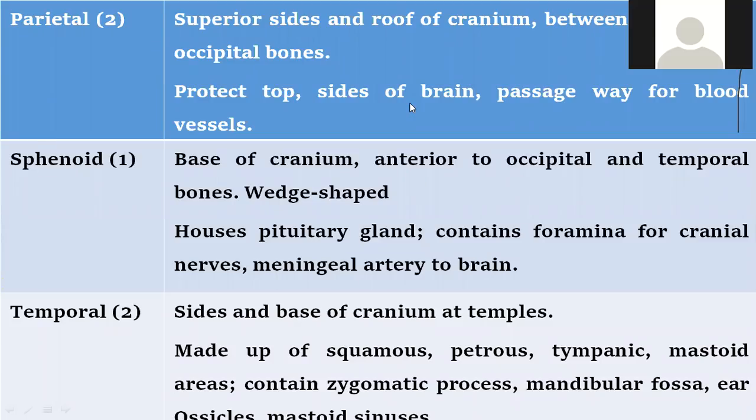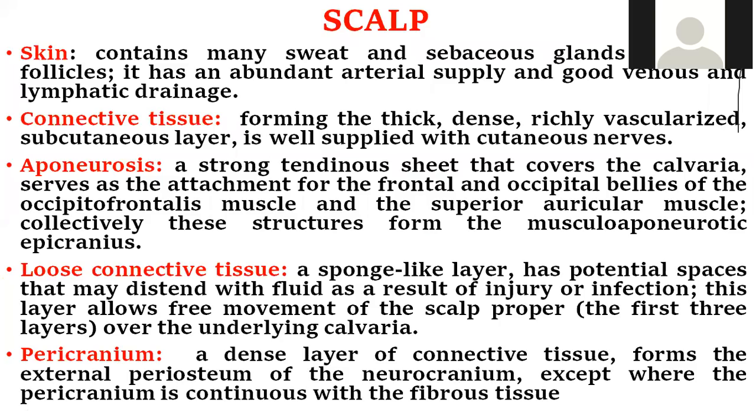Then for the temporal bones, they are 2, and they form the side and the base of the cranium. They are made up of squamous, petrous, and tympanic parts, and they contain a zygomatic process, mandibular fossa, ear ossicles, and mastoid sinuses.